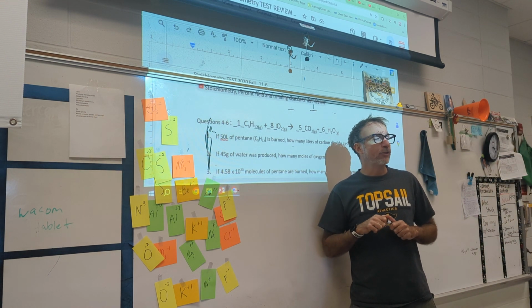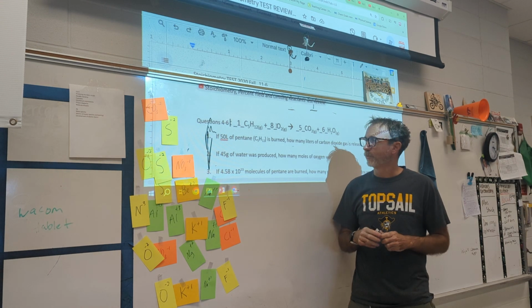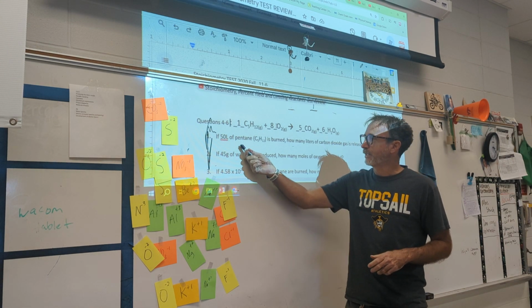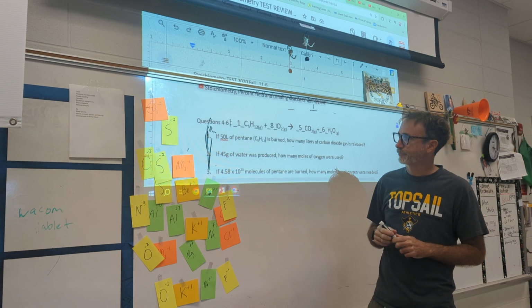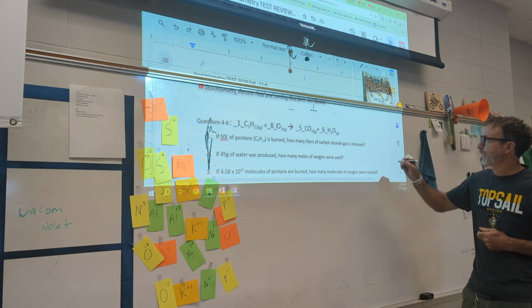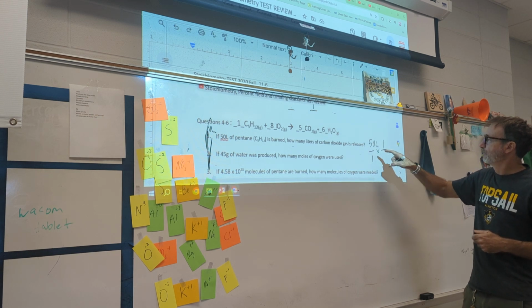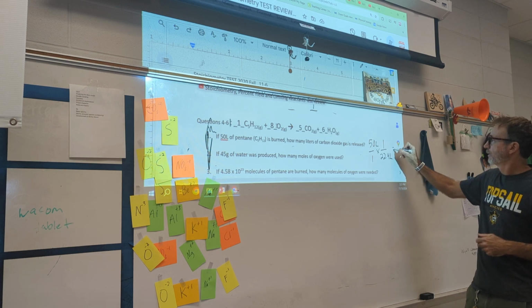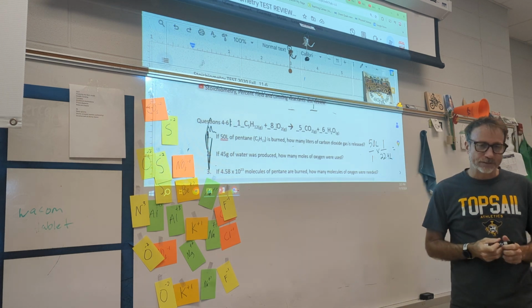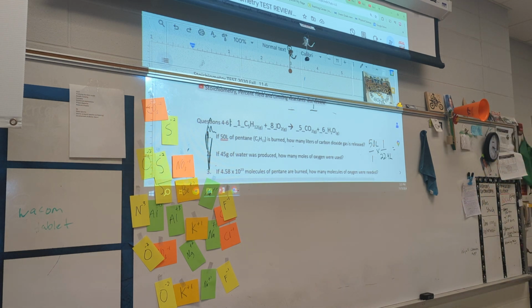What is the unit we use for volume for 1 mole? 22.4. 22.4. All right. So 50 liters of pentane. Well, we can't put a 50 here. We have to convert 50 liters to moles. So the given times 1 over the proper number. I'll use my calculator to get the exact decimal on that one. 50 divided by 22.4.